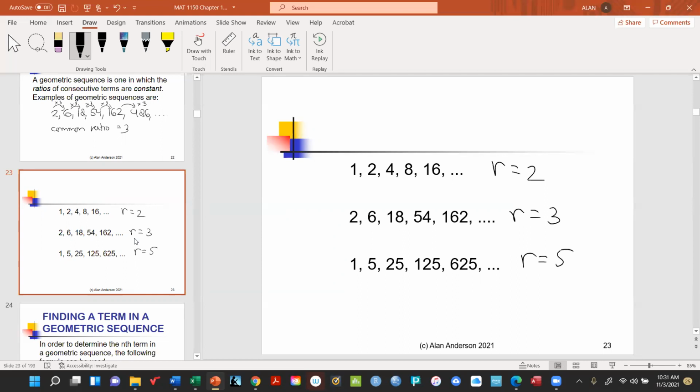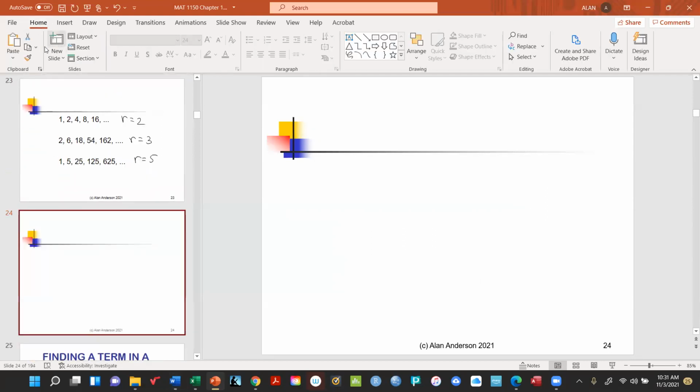Okay, so let me show you a couple more interesting examples here. How about the sequence -3, 6, -12, 24, -48, et cetera, et cetera.